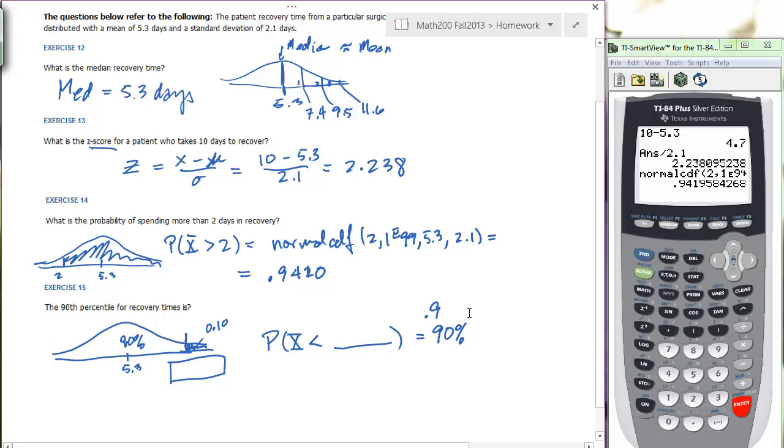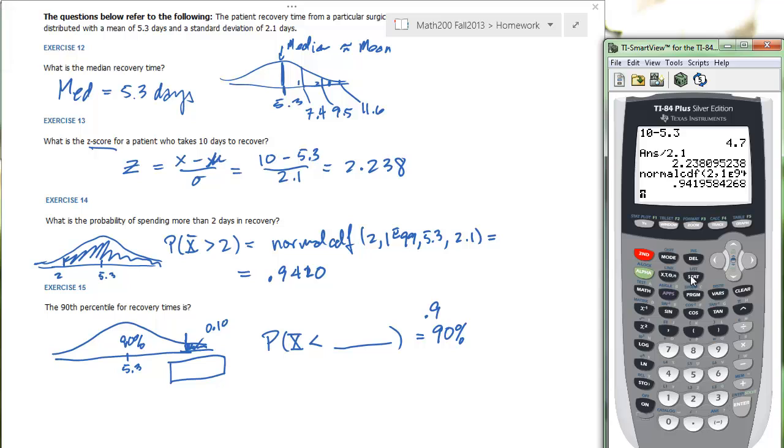If you remember, that's going to involve the inverse norm, so the second function in vars, or distribution. Inverse norm is our third option here in our calculator. And then remember that this is looking for the area to the left, which is going to be 0.9.